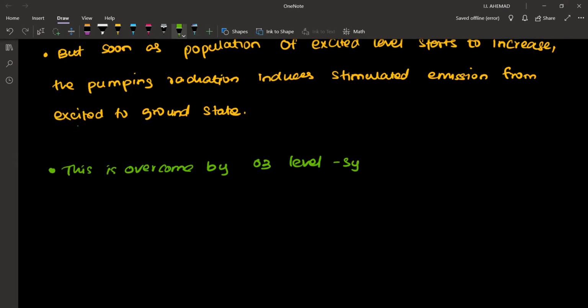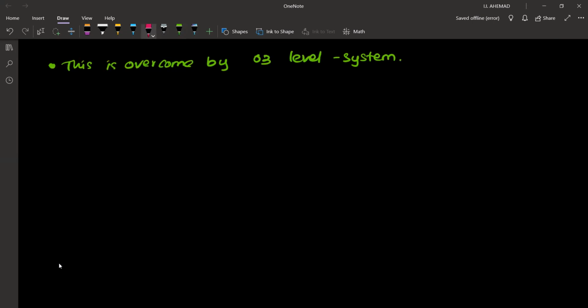So in a three-level system, this is what happens. We have the ground state, and let's say the ground state energy is E1. And we have two excited states, which are very close.